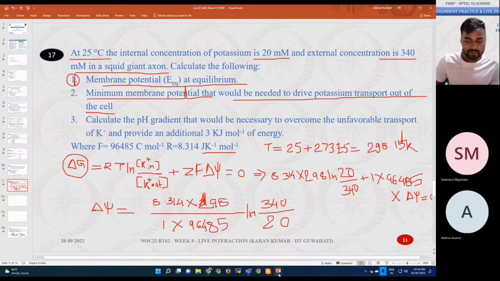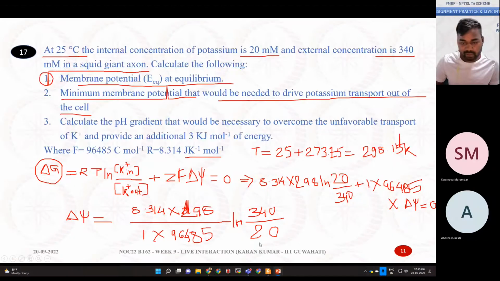Delta psi you have calculated in volt, right? So this will give you 0.0727 volt, and if you convert this into millivolt, that will give you 72.7 millivolt.